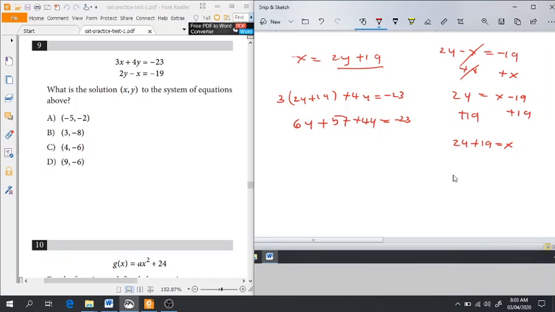Add the like terms, 6y and 4y, 10y plus 57 equals negative 23.